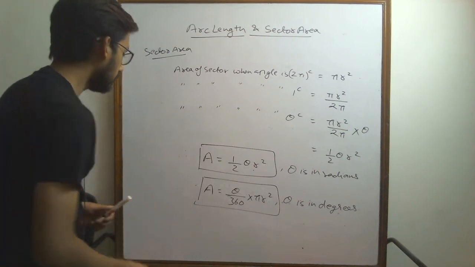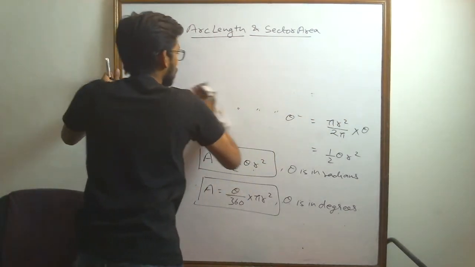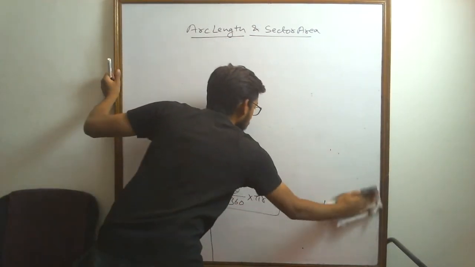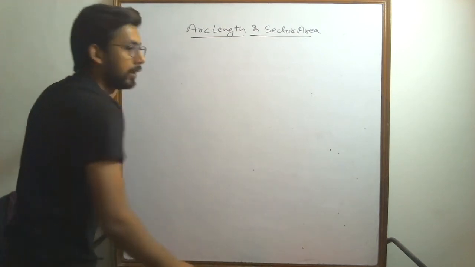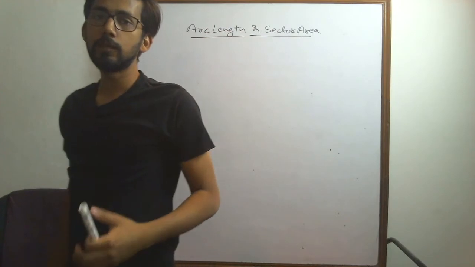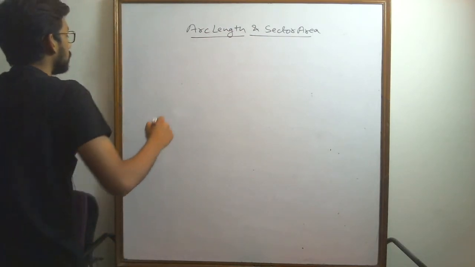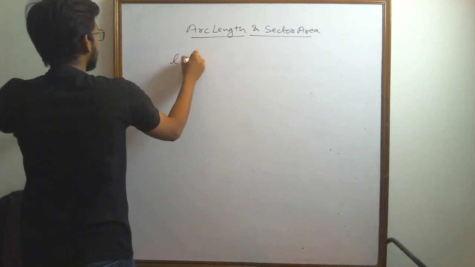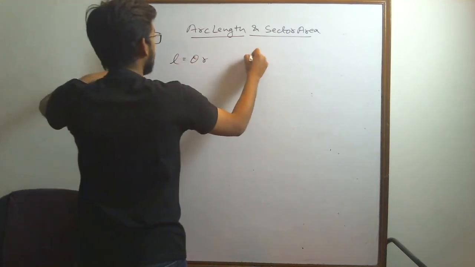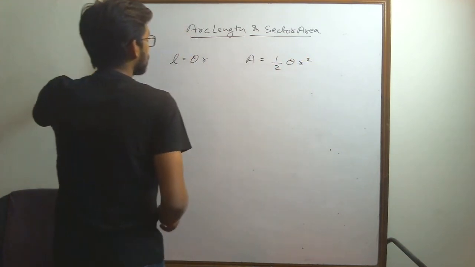Okay. Now, another very important formula is writing the area of a sector in terms of the length of the arc of that sector. So, we know that L is equal to theta into r, and area of sector is equal to 1 by 2 theta r square.